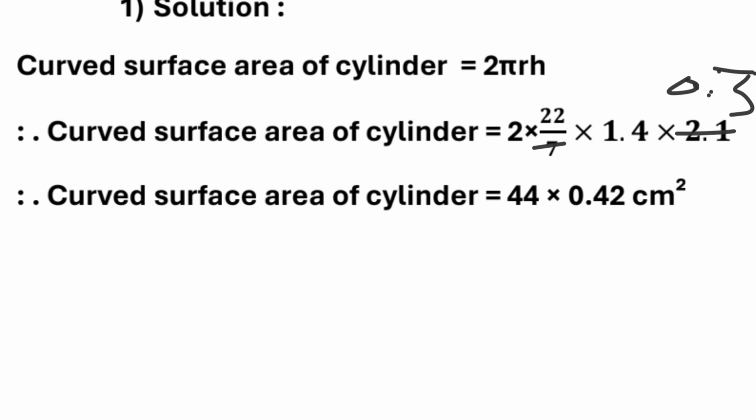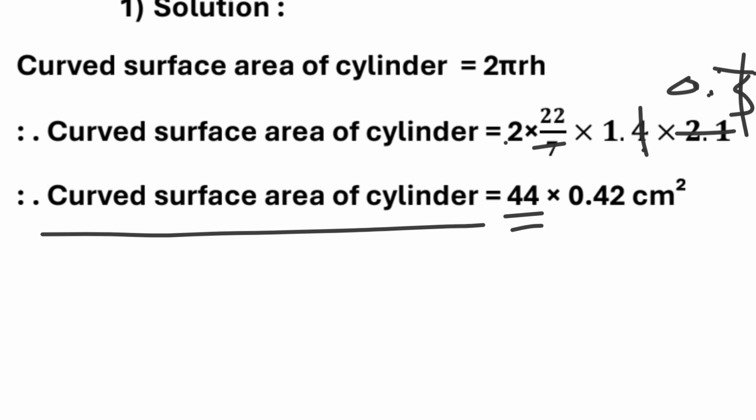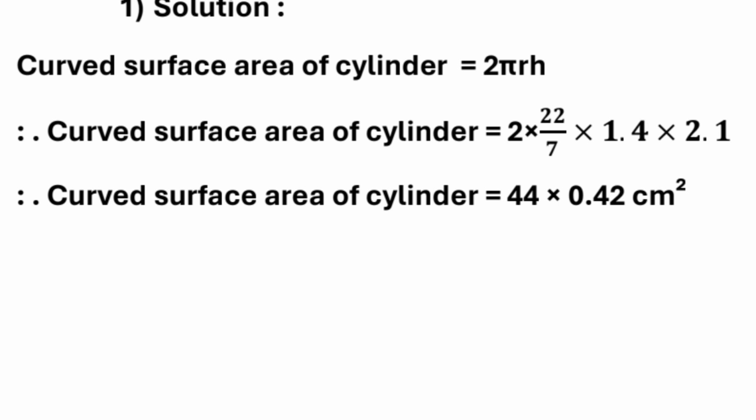After that, we obtain the curved surface area of cylinder is equal to 2 into 22 means 44 into 1.4 into 0.3, that is 0.42, because here there are two decimal places. So we write 0.42 centimeter square.